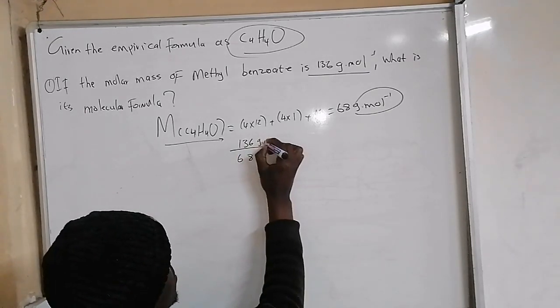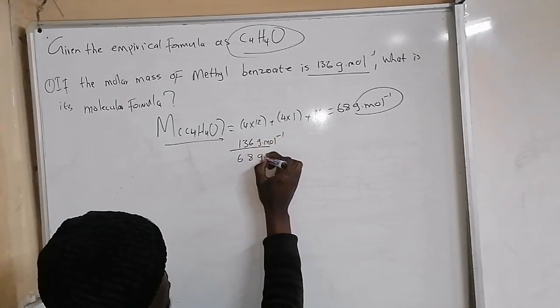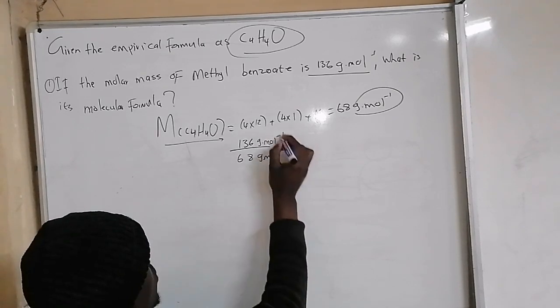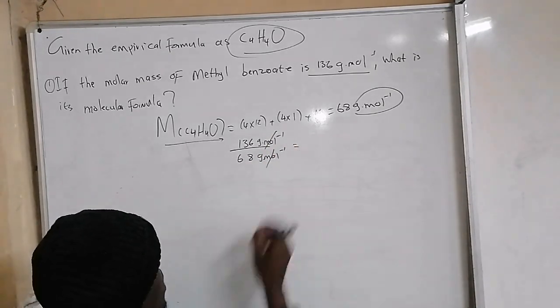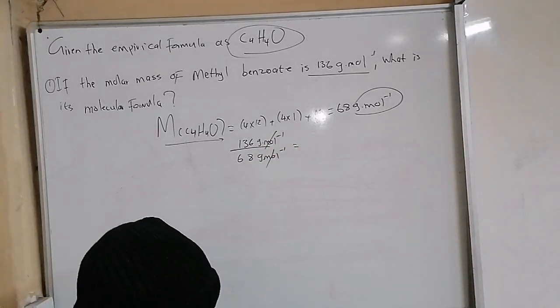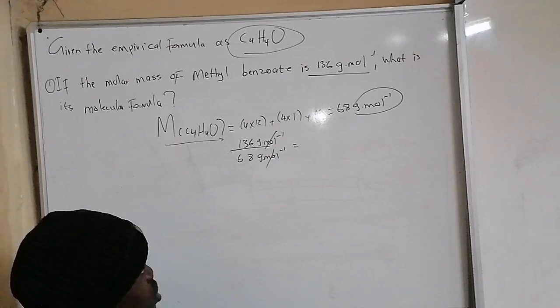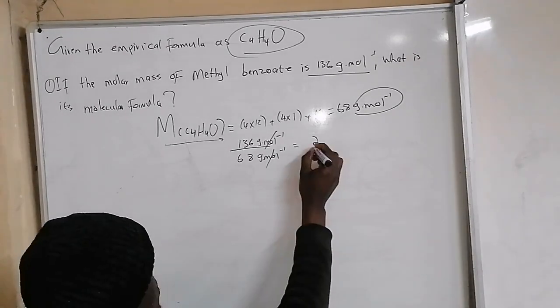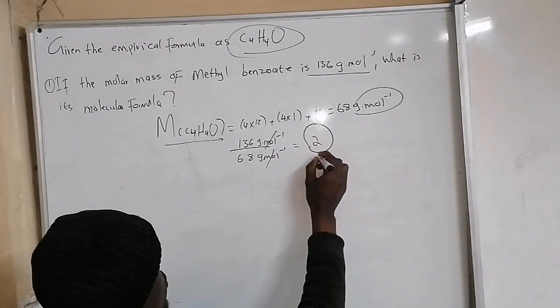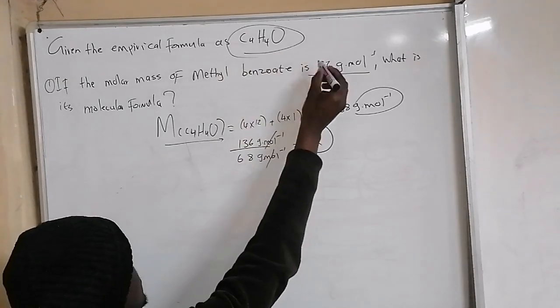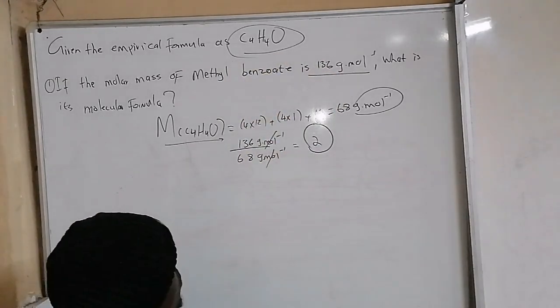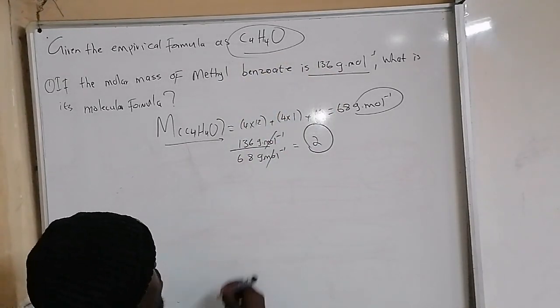The units will cancel, then 136 divided by 68. You will get 2. In other words, we take this 2 and multiply the subscripts of the empirical formula, then we get our molecular formula.